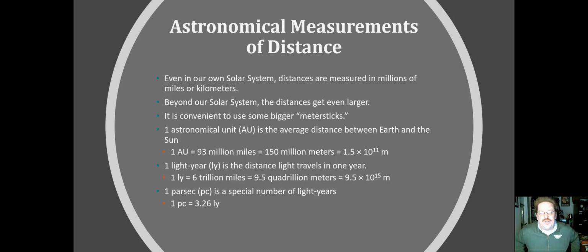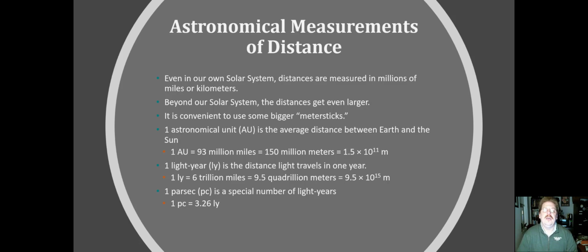But let's talk about measurements of distance. We have developed a couple of different meter sticks, as it were, for measuring distance and having them be manageable numbers, or at least more manageable than not.